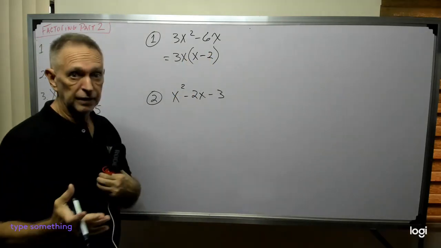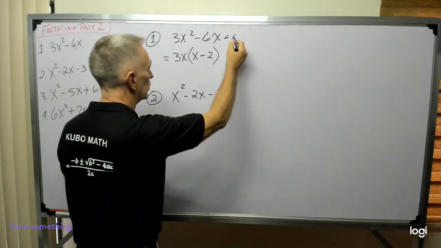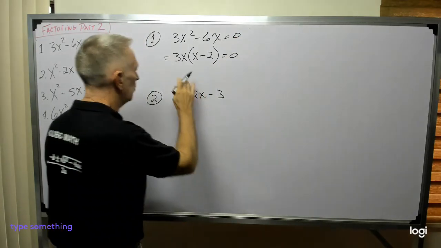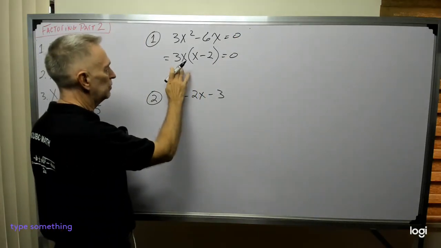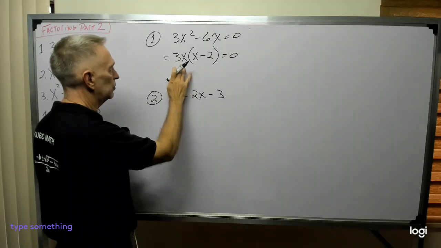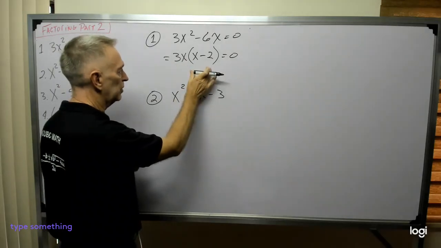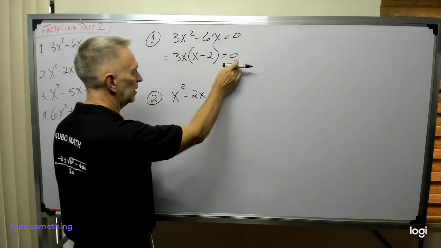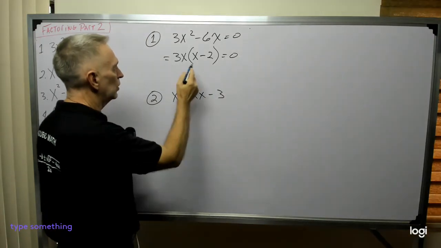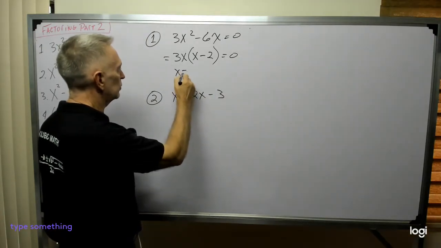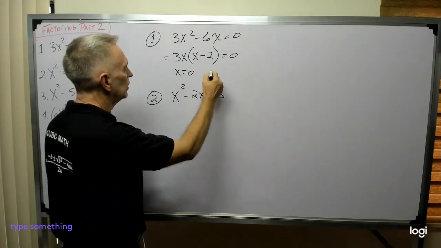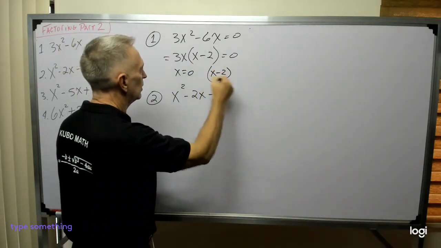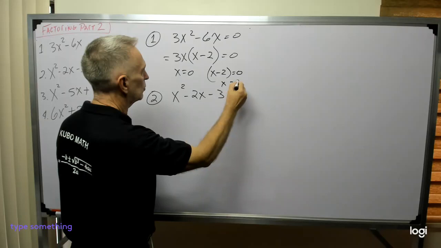Now naturally, if this were set to 0, for example, that would mean x would have to equal 0. So if 3 times 0 is 0, 0 times this parentheses with anything in there would give me 0. But also x minus 2 equals 0, so x equals 2.